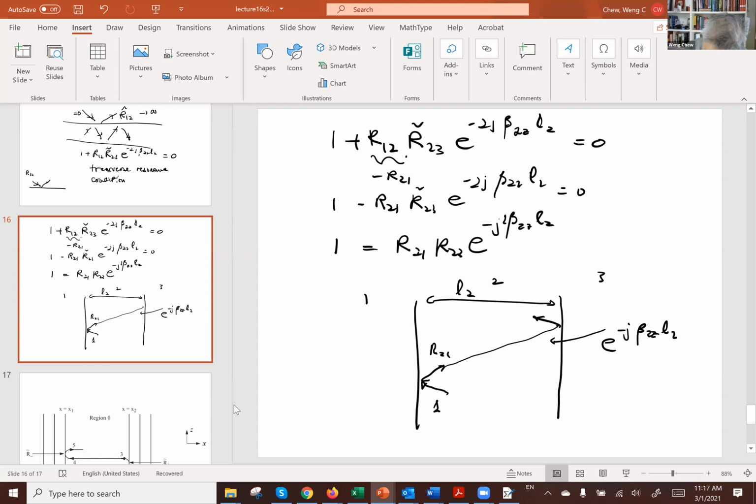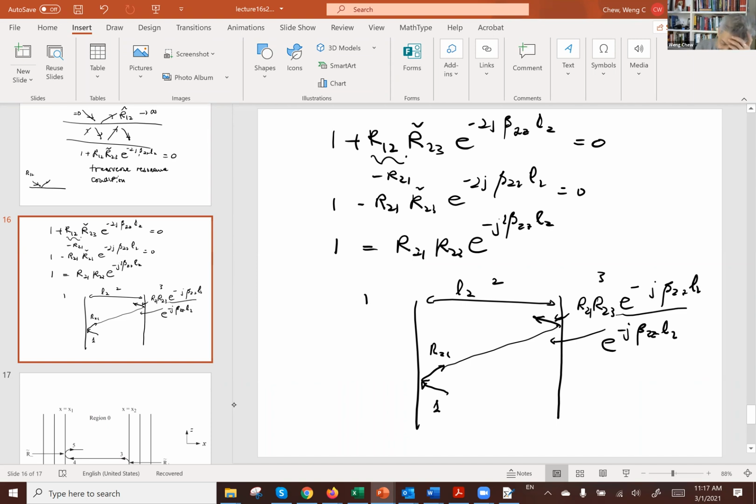And then the next time around, it bounces off at this point. It becomes R23 e to the minus j beta 2z L2. It bounces off once with the reflection coefficient R23, but R21 should also be included here, because the amplitude of the wave at this point is R21 R23, with the accumulated phase.